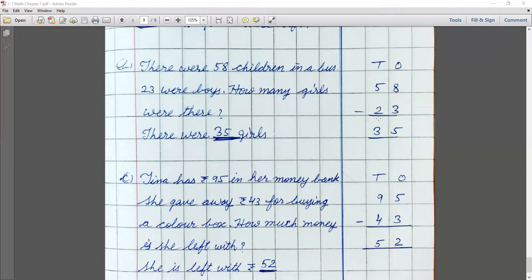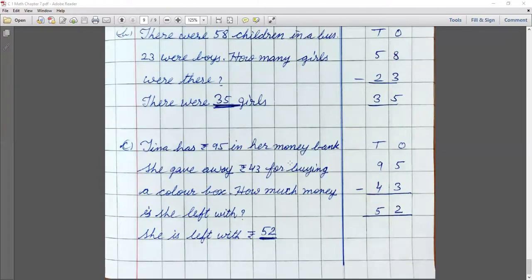Okay, 5 minus 2 is equal to 3. Okay, now next is, there were 35 girls. How many girls? 35.